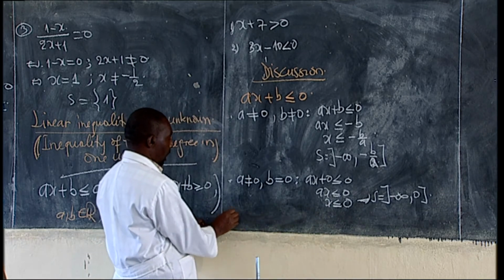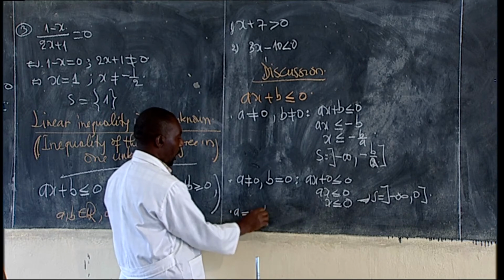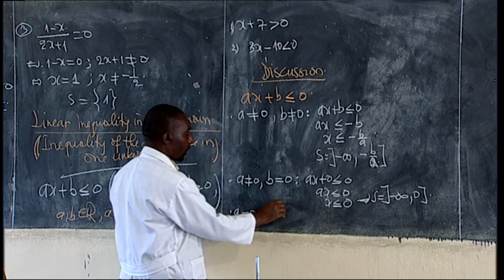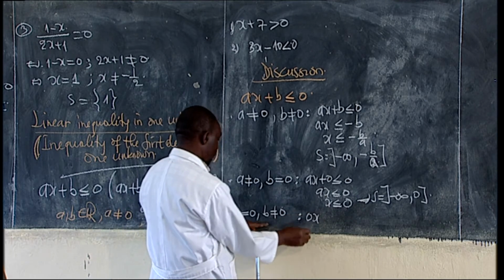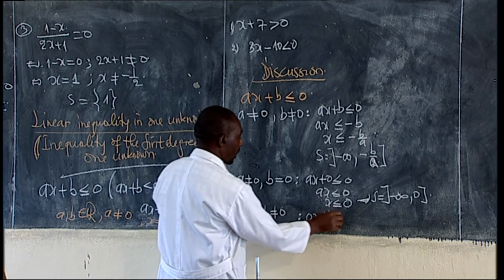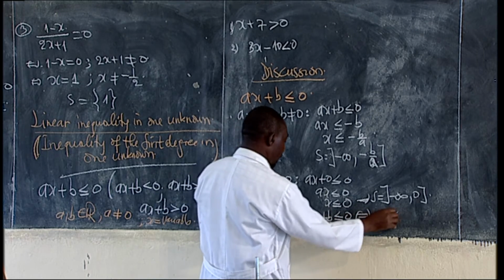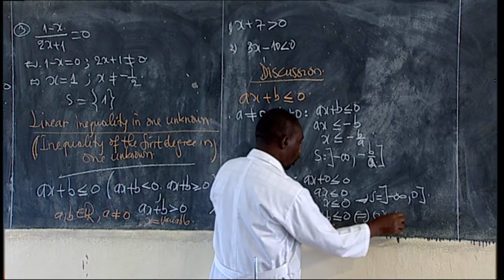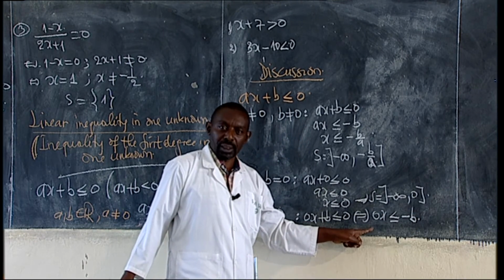In case a is equal to 0 and b different from 0, you have 0x plus b less than or equal to 0, which means that 0x is less than or equal to minus b. We are together, I hope. You are following, isn't it?